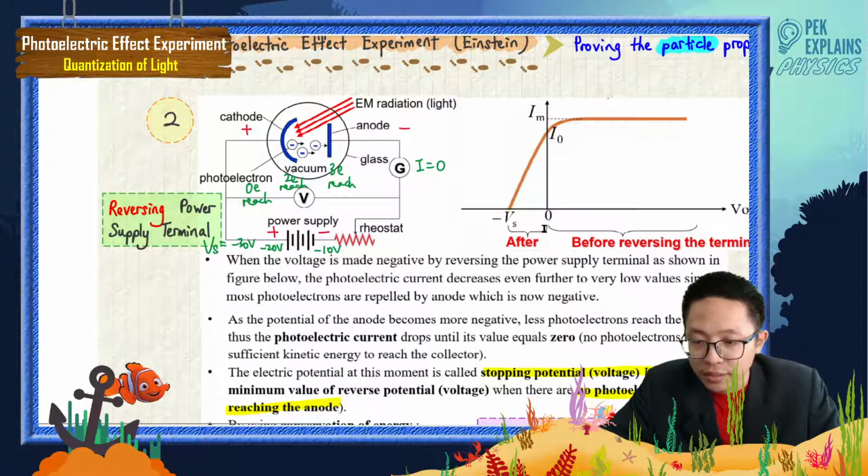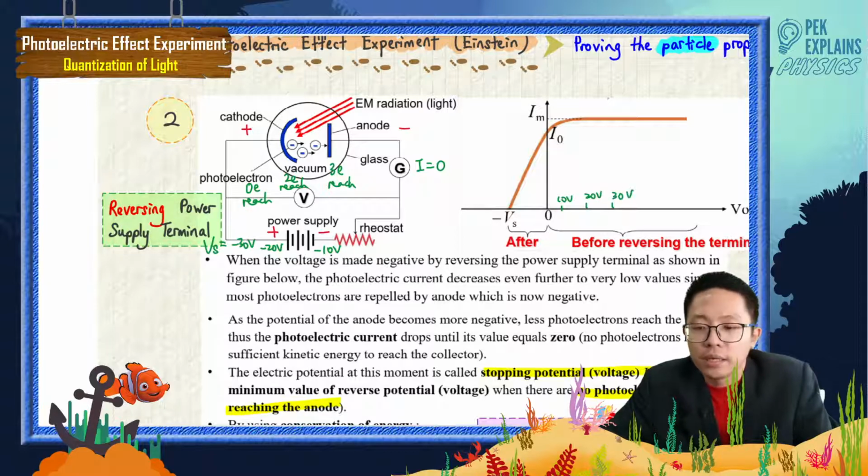You see this part in front, before reversing the terminal, is from 0, 10, 20, up to positive 30. Then we reverse, become negative 10, and here is negative 30 volt. You see that?